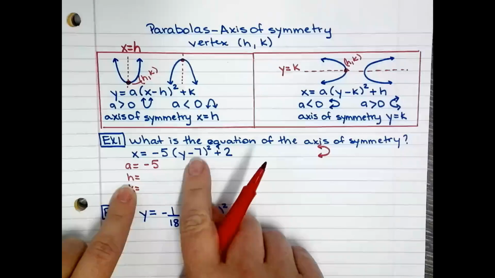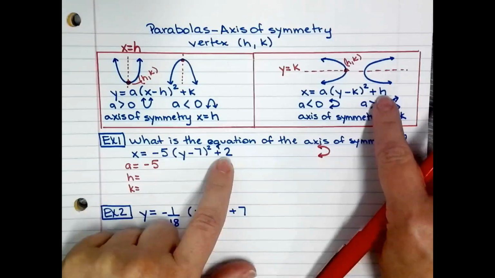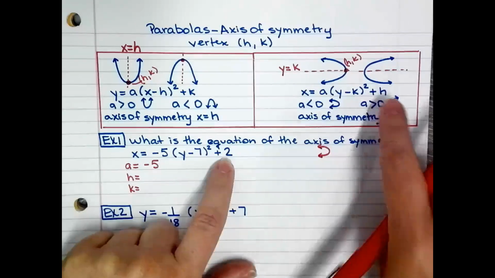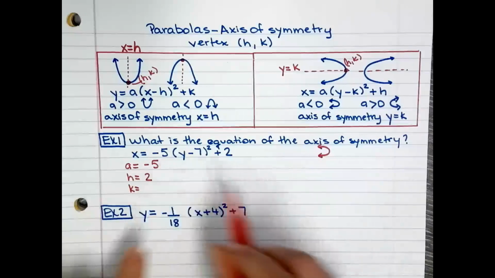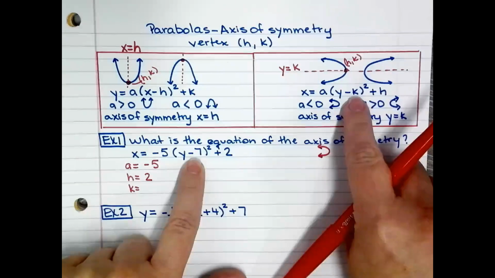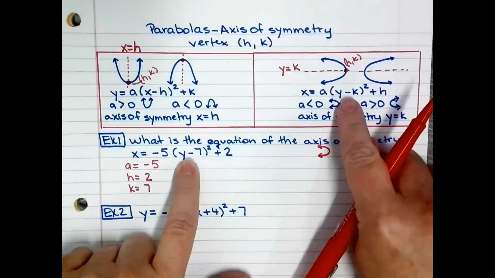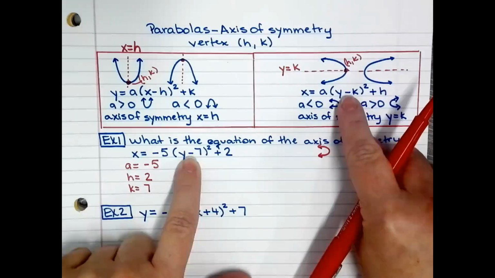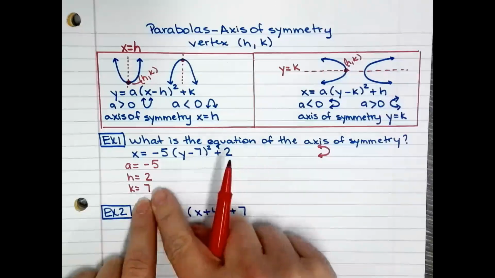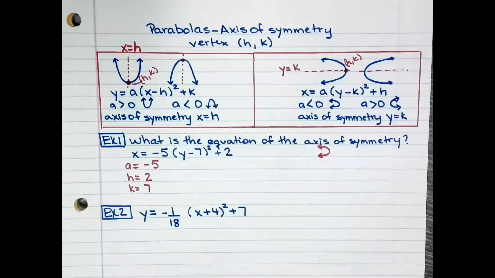Okay, h is that number right there from the formula, so 2, and 7 right there, that's k. Notice that the minus belongs to the formula. That doesn't make k -7, okay?